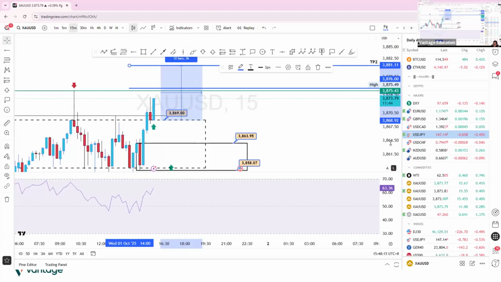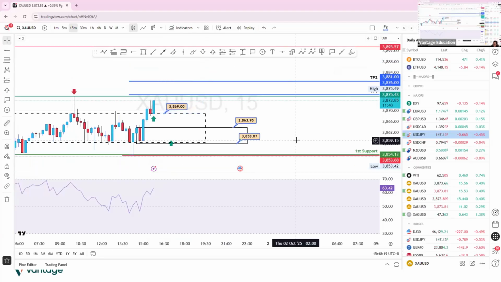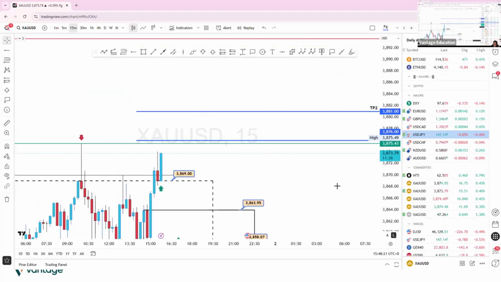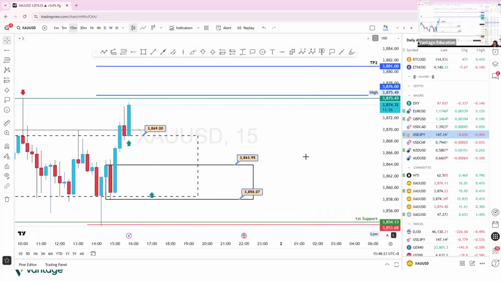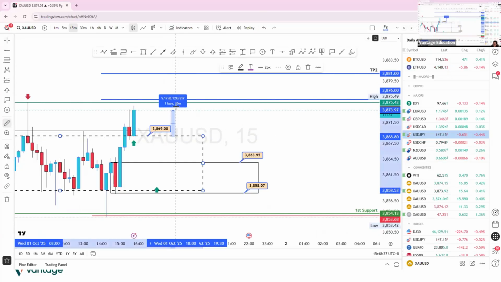TP2, 1,200 pip from this setup. Now it's a little more than 50 pip rising from the pullback and retrace. Pullback retrace 60 pip right now.